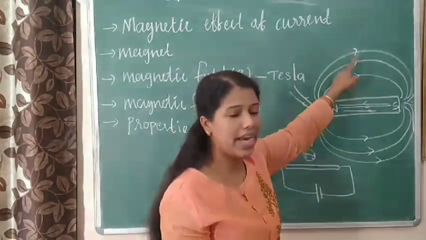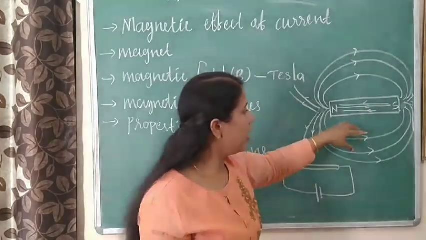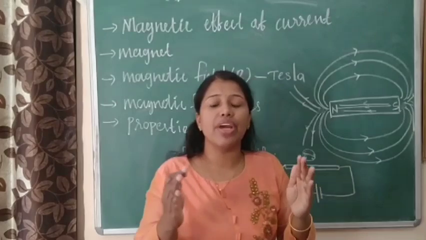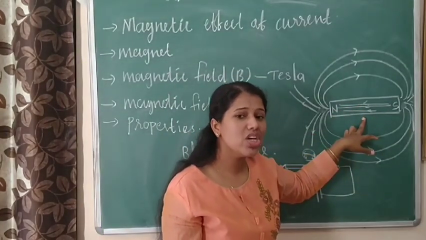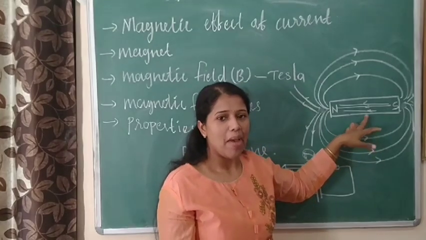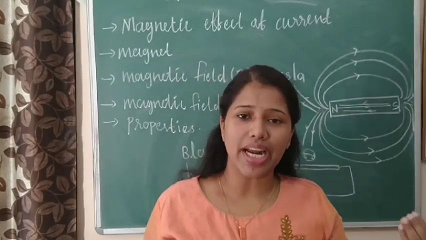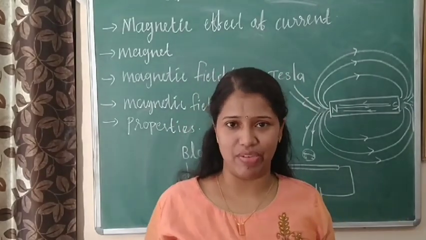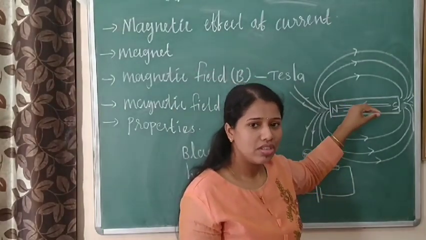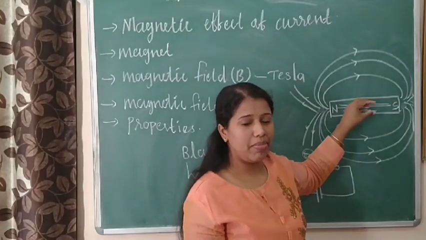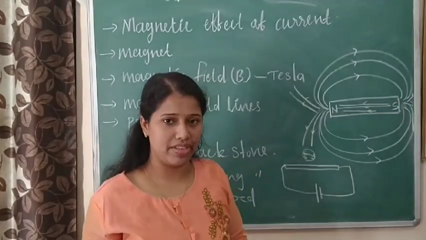That's why I have shown the direction like this, and inside, just opposite. When magnetic field lines are very close to each other, it is a strong magnetic field. When magnetic field lines are far from each other, it is a weak magnetic field.